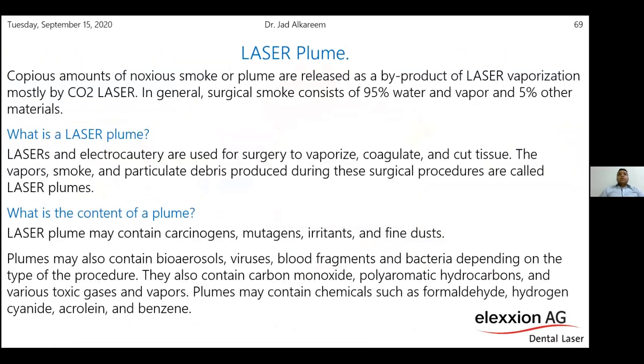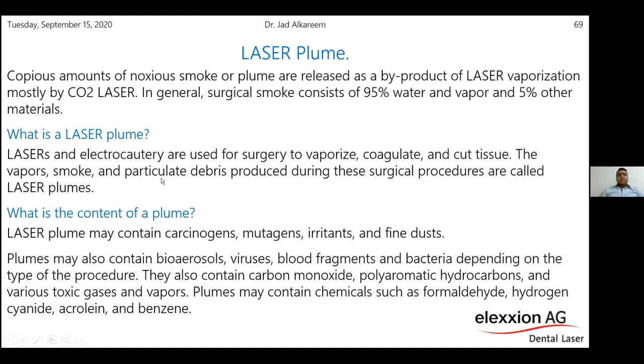Then I will go to something called the laser bloom. The laser bloom is something like a smoke which comes out from the laser vaporization that happens in the cells. The CO2 laser is one of the lasers which produce a very high amount of laser bloom compared with the diode. With the diode, we have very little bloom compared with the CO2, the erbium YAG, or the erbium chromium.